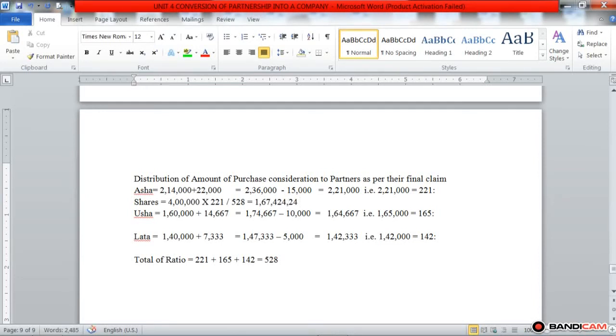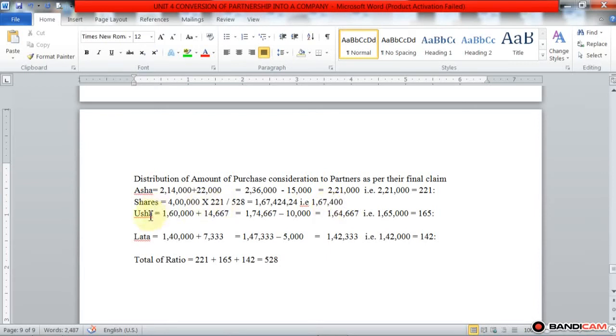We convert it into a round figure, that is 1,67,400, because the value is below 50. Above 50 we consider it as 500, below 50 we consider it as 400.